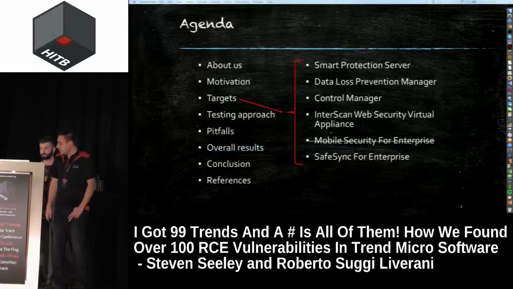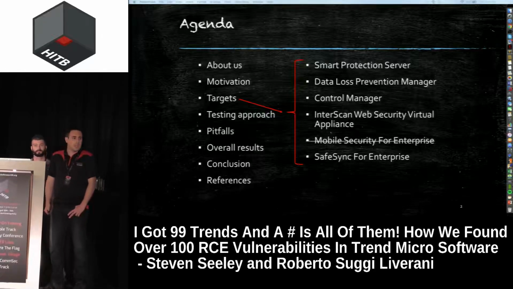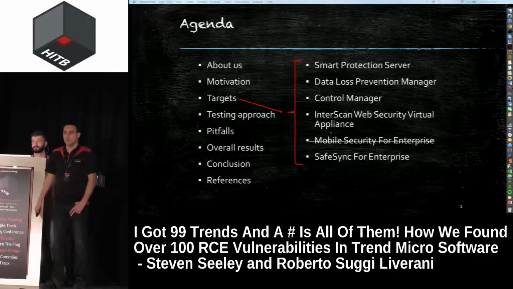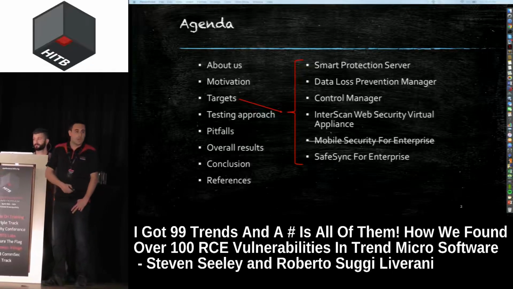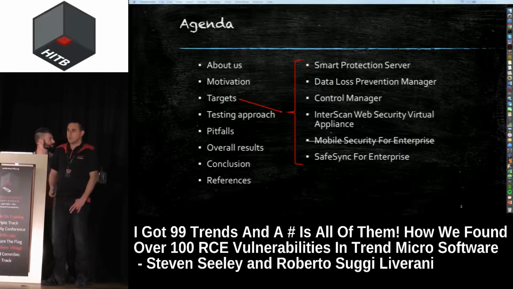The agenda and format of the presentation is pretty straightforward. It's nothing complex. We're going to give you an introduction, a bit of disclaimer, and the motivations that drove us to do this kind of research, why Trend Micro and not others. Then we're going to focus on the targets we selected.